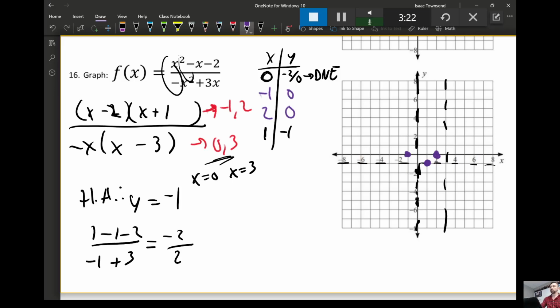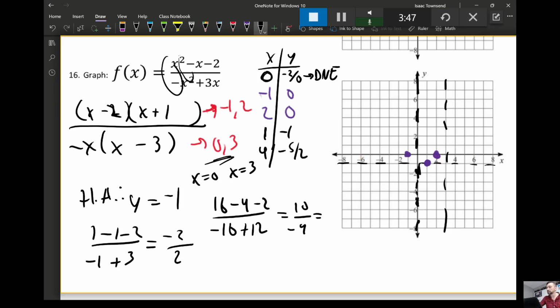I'd like to know where it is on this far right, so I'm going to try x equals 4. The numbers might be too big for me to pull off without my calculator, but I can at least try. Looks like it would be -5/2, which is -2.5.